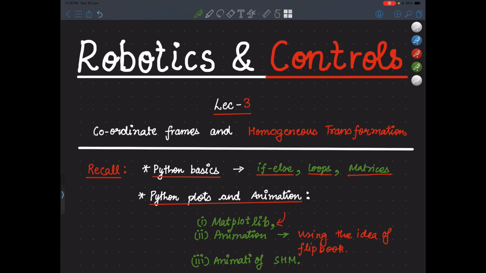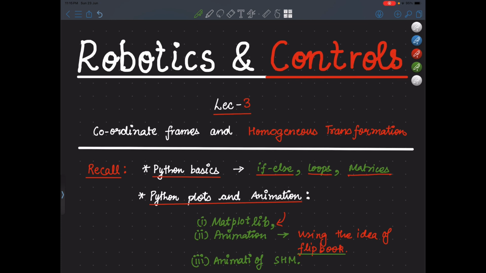So we use the idea of a flip book. So for example, we plot one image, then we remove it instantaneously, with a very small time step, and then display the other image instantly. It feels like it is animating.